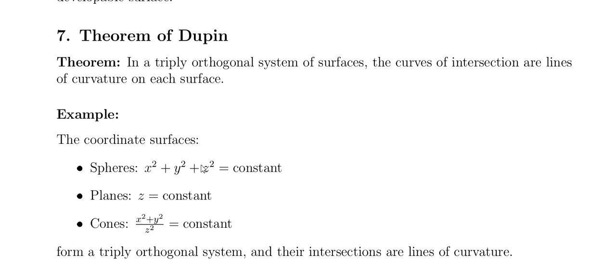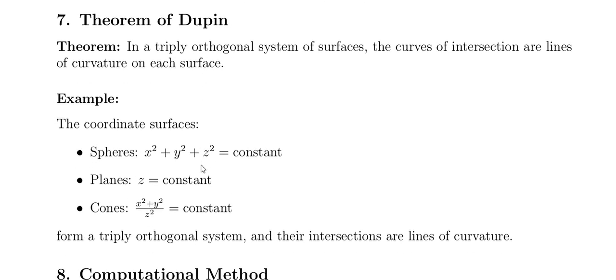This is a theorem of Dupin: in a triply orthogonal system of surfaces, the curves of intersection are the lines of curvature on each surface.